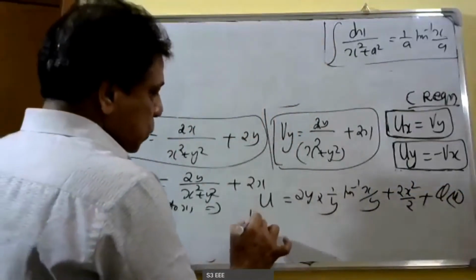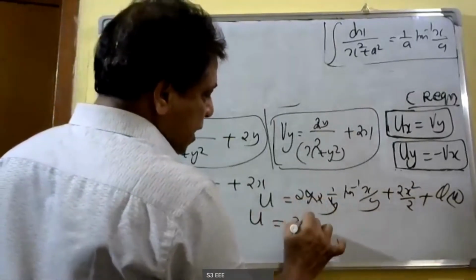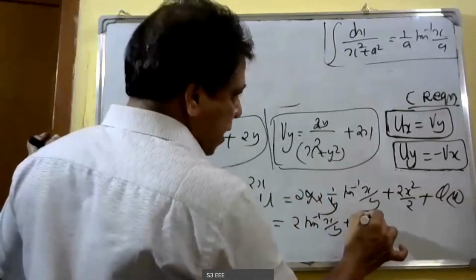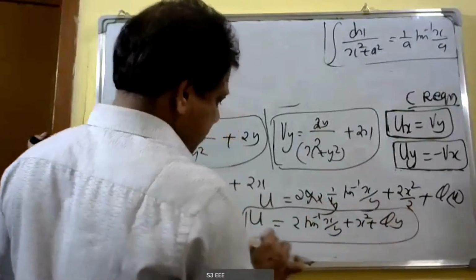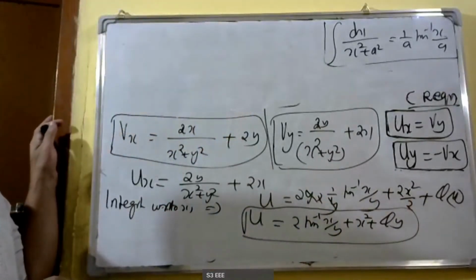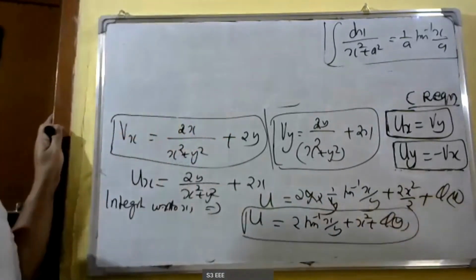That is, the real part u = 2 tan⁻¹(x/y) + x² + φ(y). Next, we have to find out the value of φ(y).